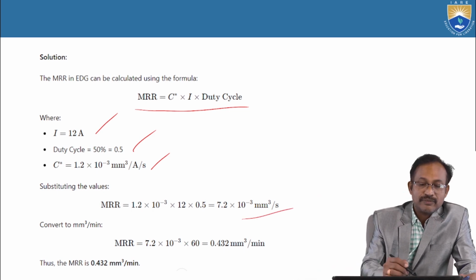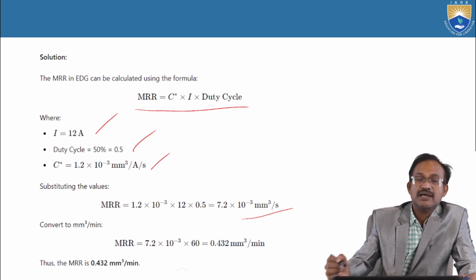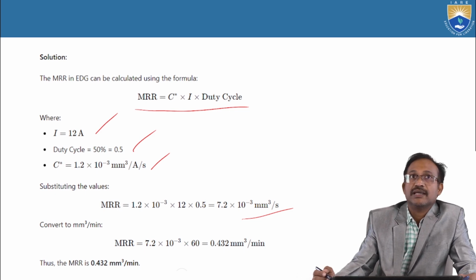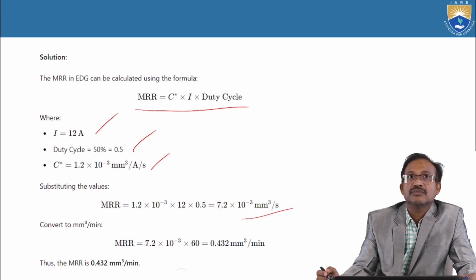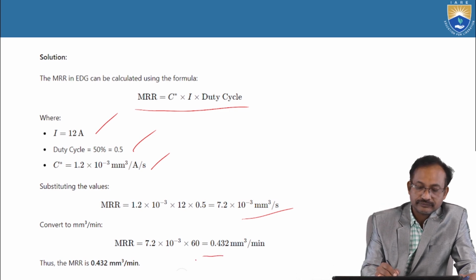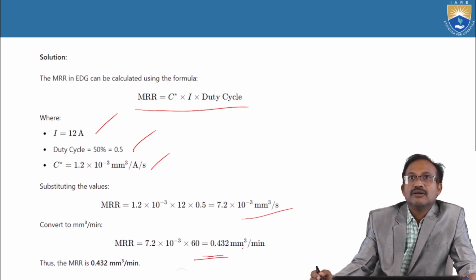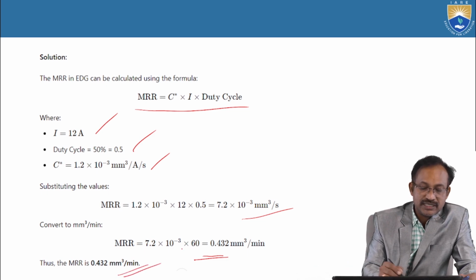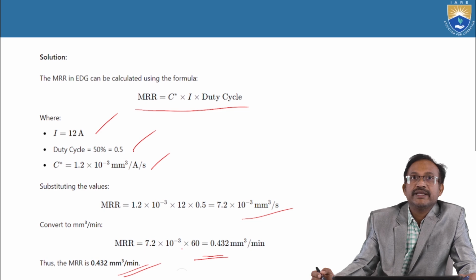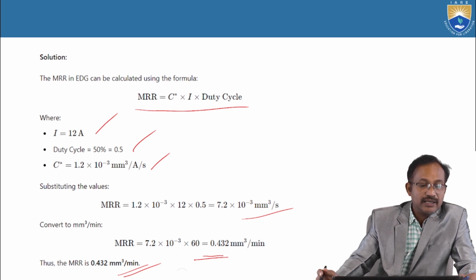Substituting the values, we get 0.432 mm³ per minute. So the material removal rate is 0.432 mm³ per minute.